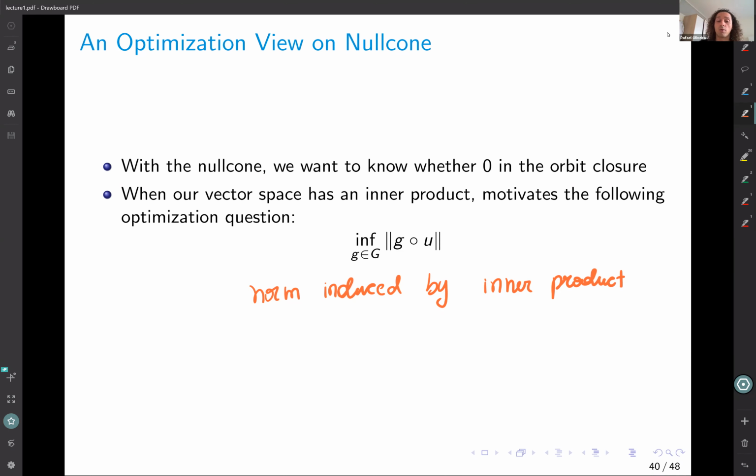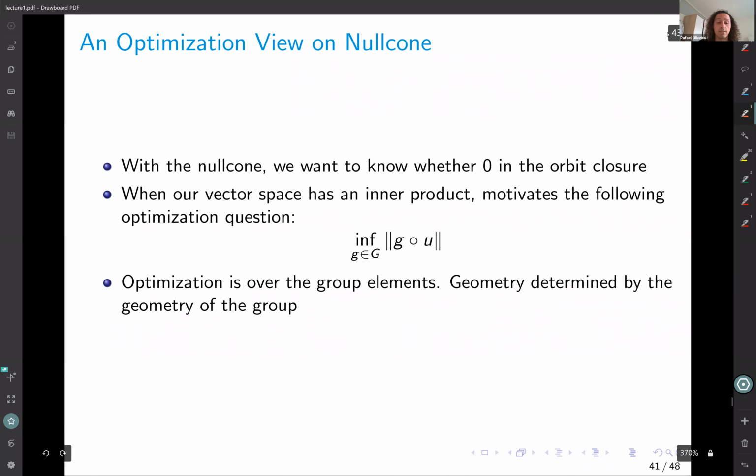And we have this optimization question that arises from the null cone. But one complication is that we usually just know convex optimization, and here we have an optimization over the group elements, and the group may not define a convex set. So we cannot hope to do convex optimization right away.